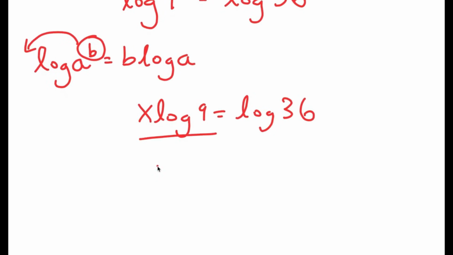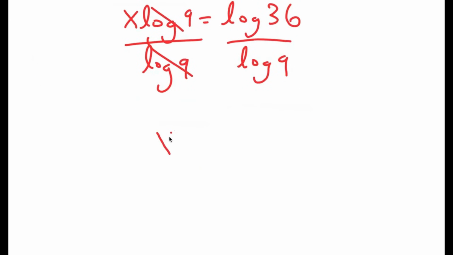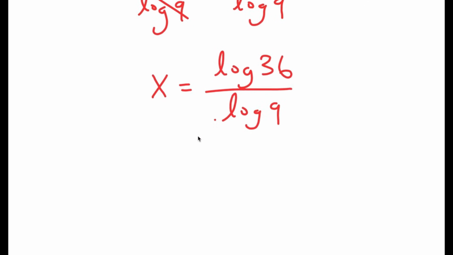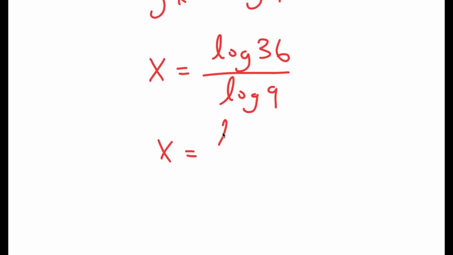And from here, I can divide both sides by log 9. So these two cancel out, and I get x is equal to log 36 over log 9. Now, I'm going to rewrite log 36 as log of 9 times 4.